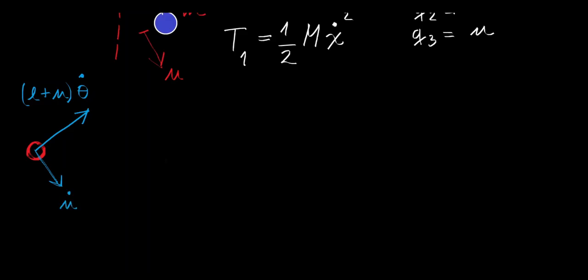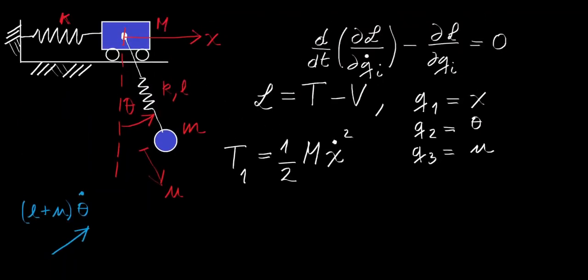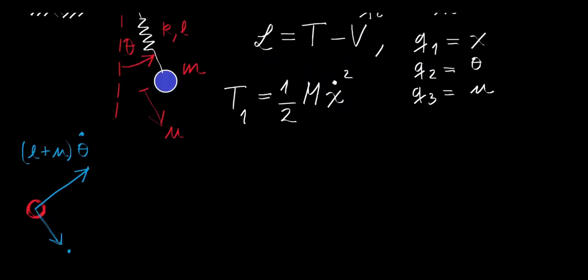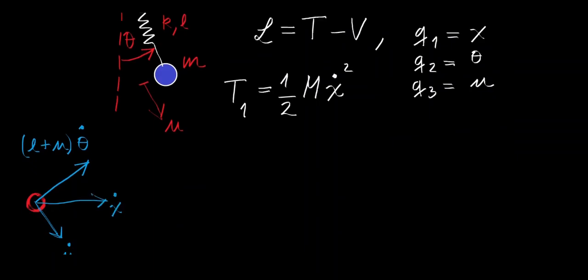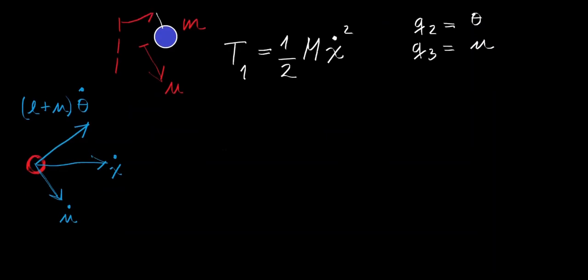But we should not forget that the cart from which this second object hangs is also moving with velocity x dot, so we have to add it to our second object, x dot. Thus, the total velocity of the second object is equal to the vectorial sum of these three velocities. It's good to add here the angles. This is theta. This is also theta. So we can write the velocity of the second object, I will call it v sub 2, summing in horizontal component and vertical component.